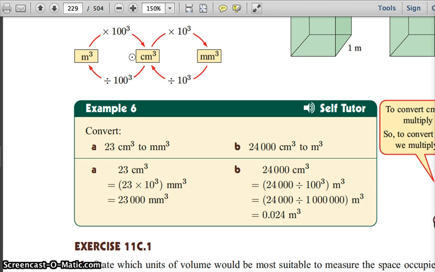Can you grab your calculators out, please? I know this isn't rocket science for some of you, but for others, they're really simple errors to make, and they really will hurt you in a test. So you're typing in 23 times 10, and then I reckon you've got a button on your calculator which looks something like that. It might be y to the power of 3, or it might be x to the power of 3. Has everybody got at least one of those buttons?